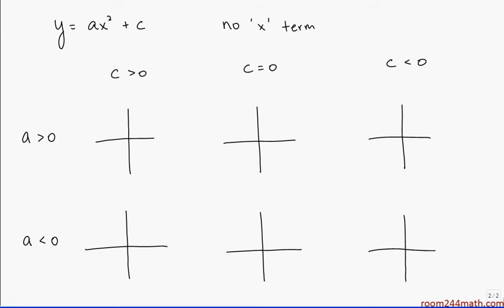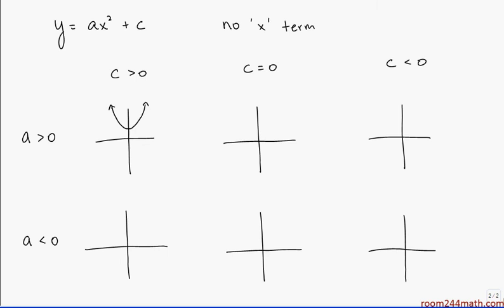Now, what do a and c really tell us? If a is positive, it tells us that the parabola is facing up. So all 3 along the top have a parabola facing up. And c is really the shortcut for finding the y-intercept. So c is positive just tells you you have a y-intercept that's positive. And so you end up with a graph that looks like this.